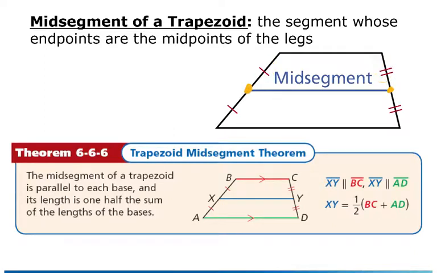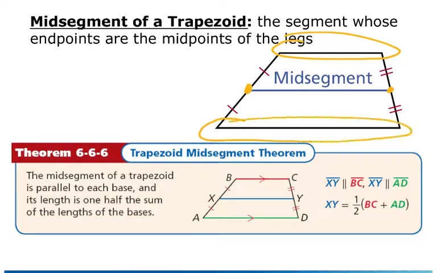And so if we move on from that, what the mid-segment of a trapezoid is saying is that you can take this upper length, whatever it is, and average it with the bottom length, and that will equal your mid-segment. So your mid-segment is basically the average of the bases.